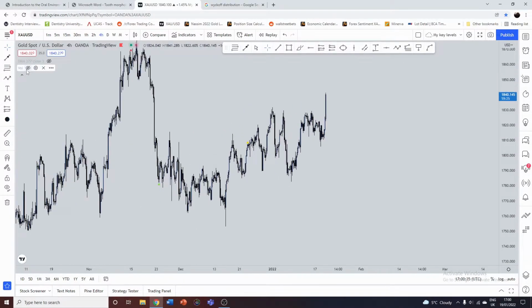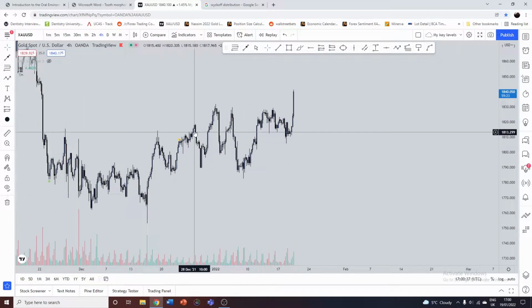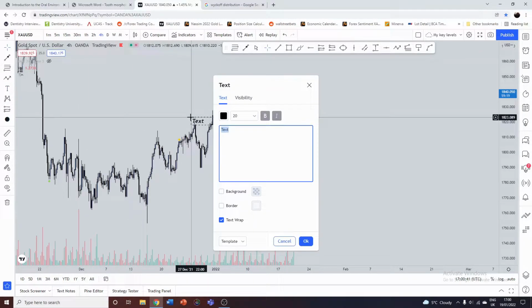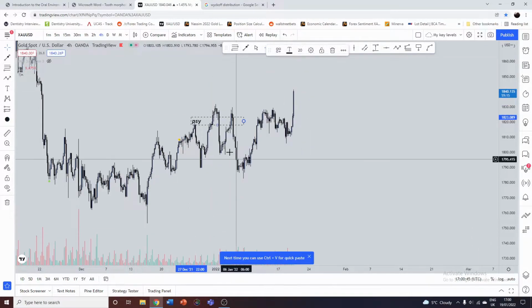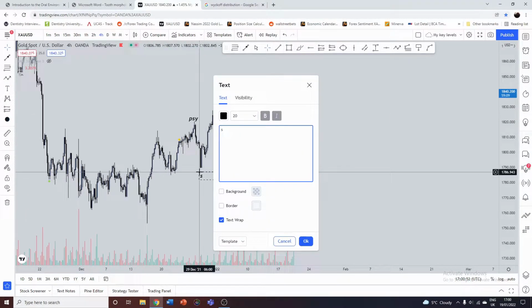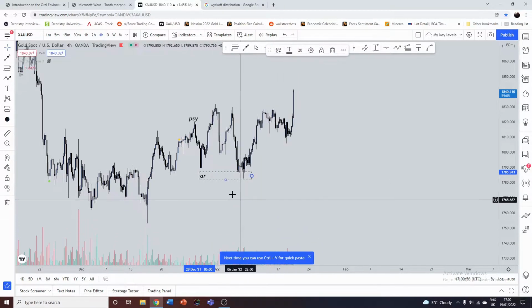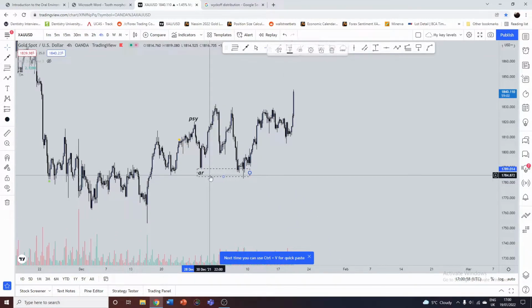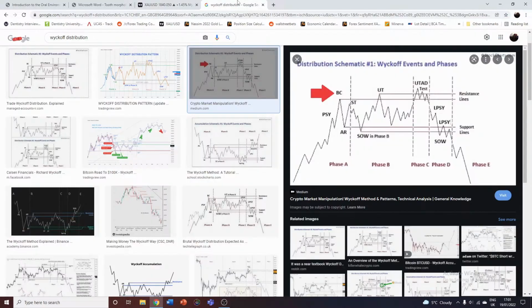I'll start off by marking on the Wyckoff labels. So this would be my preliminary supply. I can't even say it properly. Automatic rally, I think, is it? Yeah.